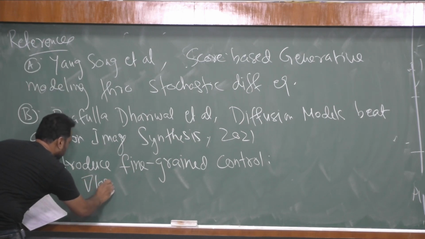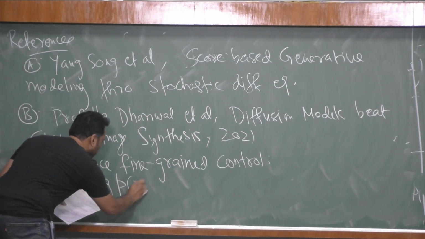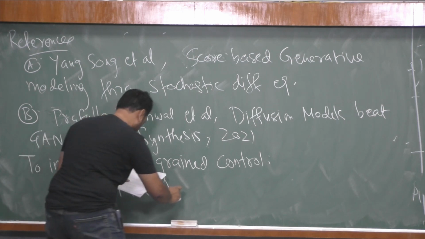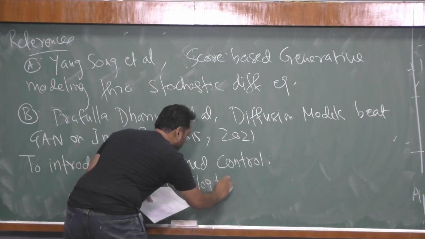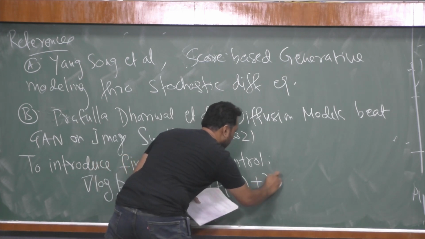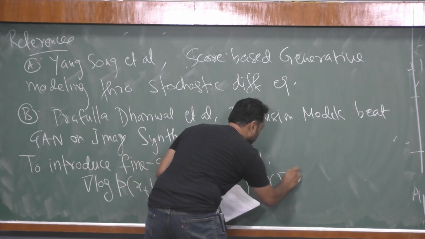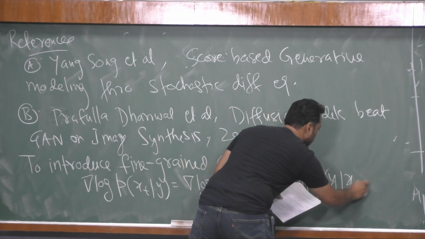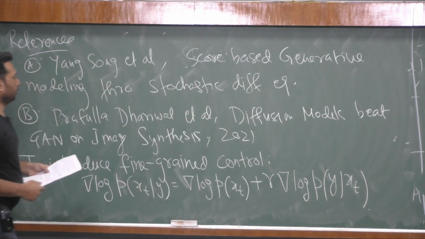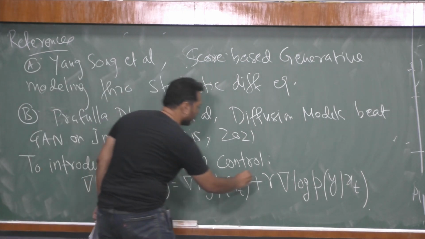So grad log p(x_t|y) is grad log p(x_t) plus gamma times grad log p(y|x_t). So this is the additional weight that we are talking about.